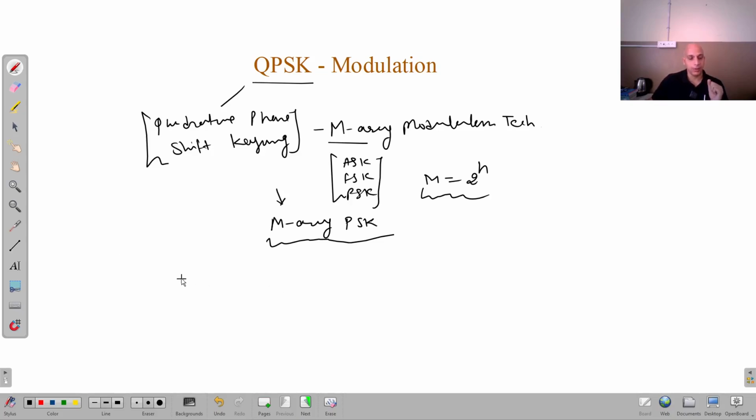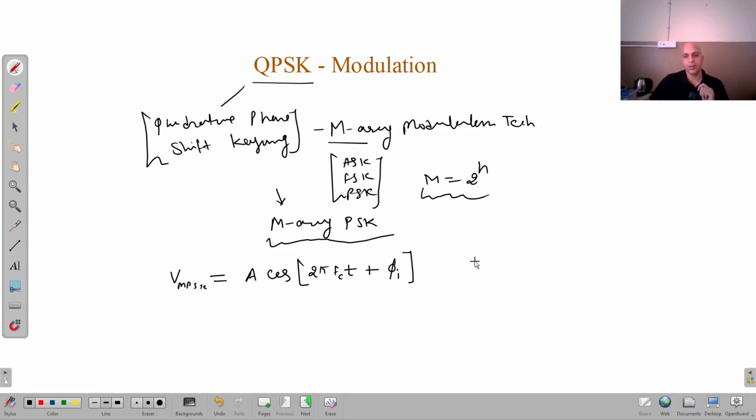That equation was s(t) of M-array PSK, M PSK, that was written as A cos of 2 pi fc t plus phi i, right?